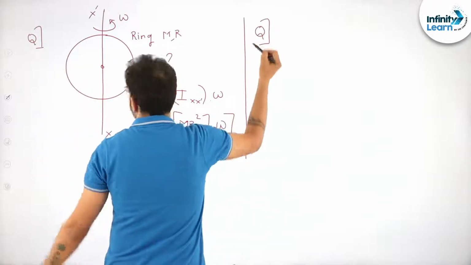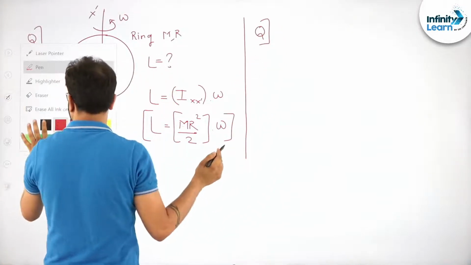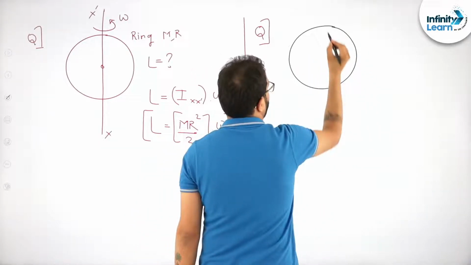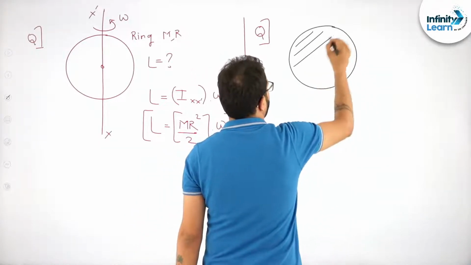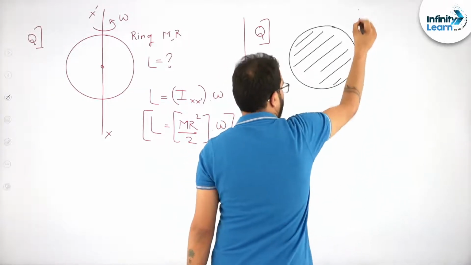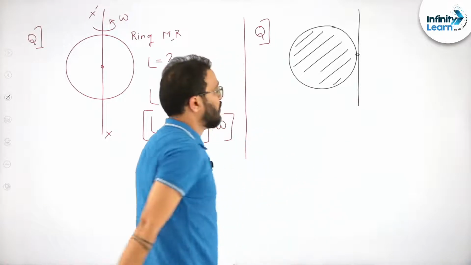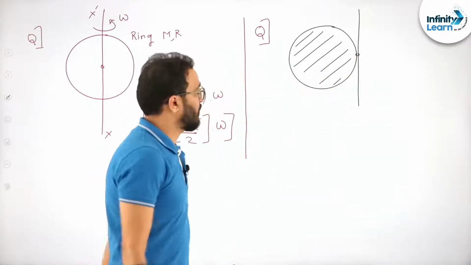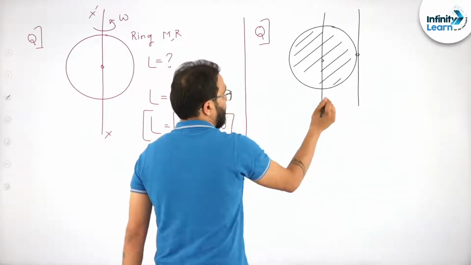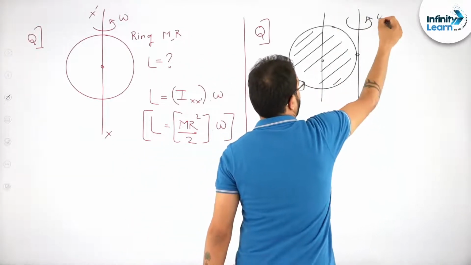Okay, we can take some other examples also. Let's take the example of a disk rotating about this axis. You know what is the moment of inertia about this axis? Again, applying the parallel axis theorem, you will say, sir, it is rotating like this with omega, okay.